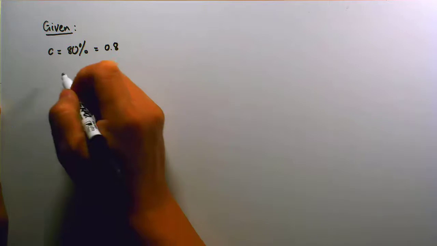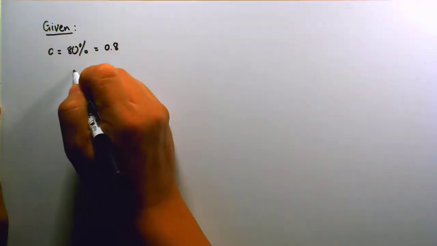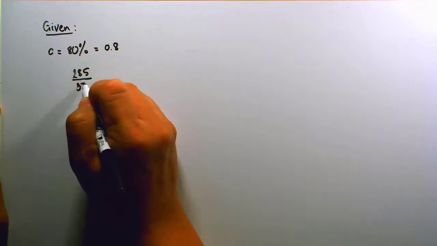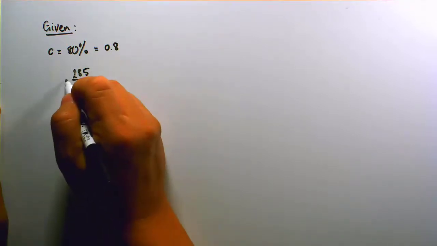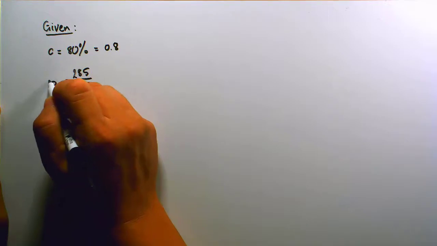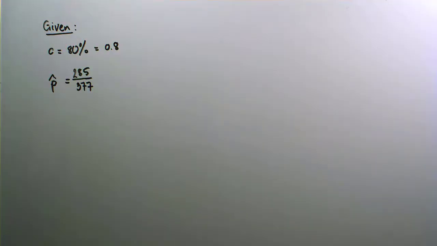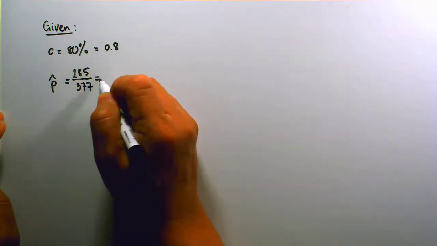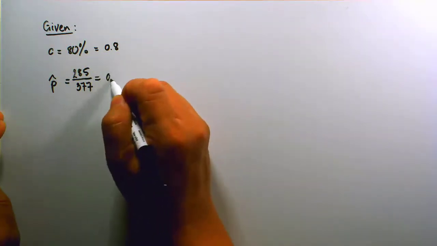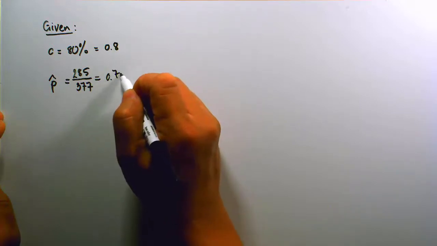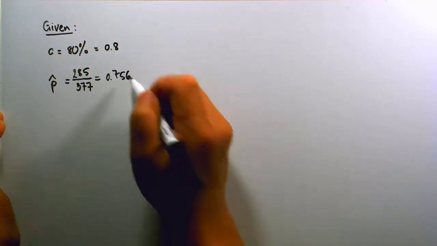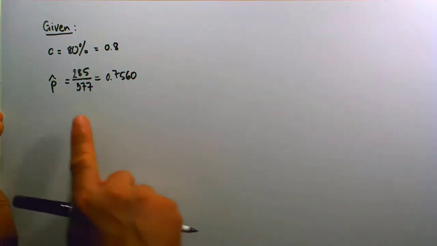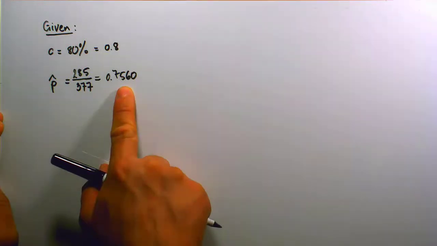And so that proportion here that we have, 285 over 377, this is regarded as p hat, and in 4 decimal places, the decimal of this proportion is 0.7560, or this is about 75.6%.